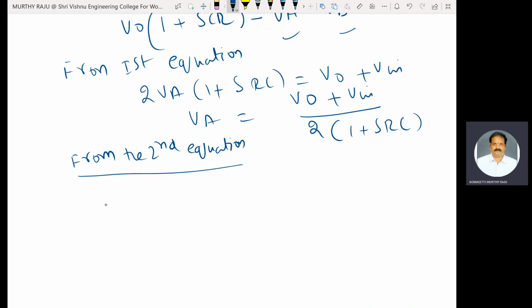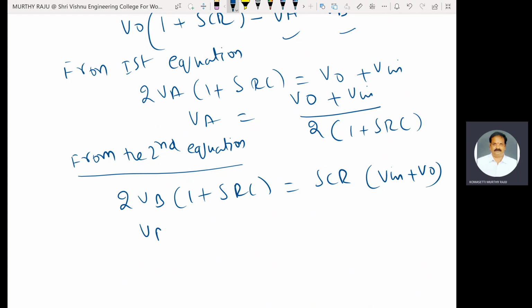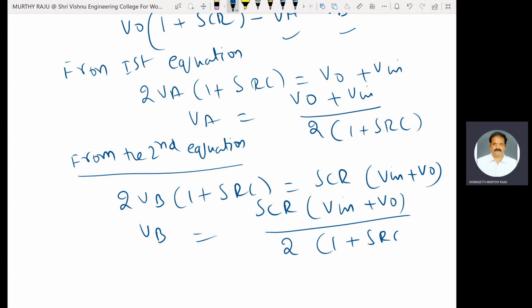From the second equation, 2VB into 1 plus SRC is equal to SCR Vin plus V0. Therefore, VB is equal to SCR Vin plus V0 by 2 into 1 plus SRC.